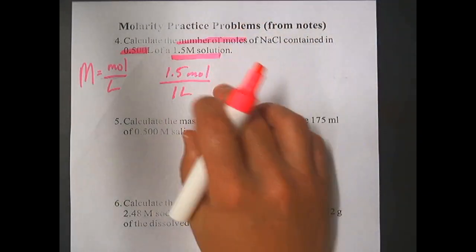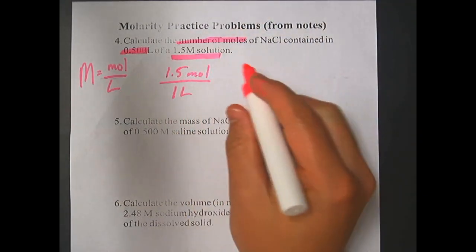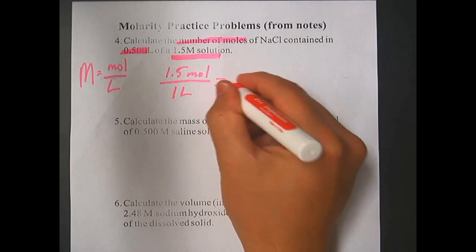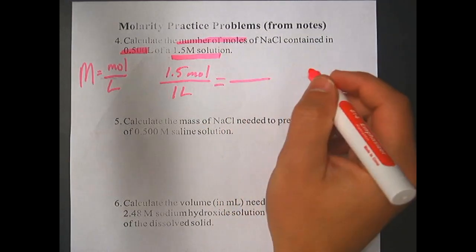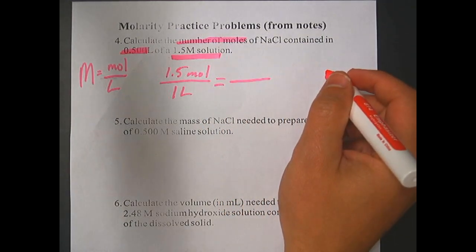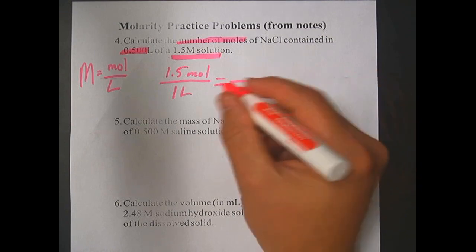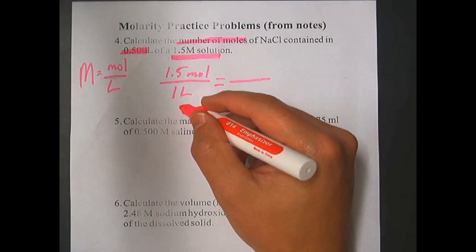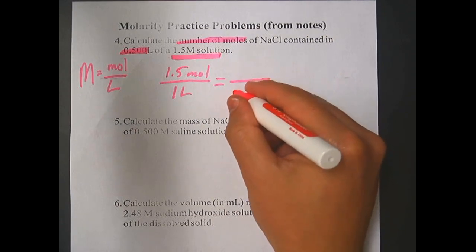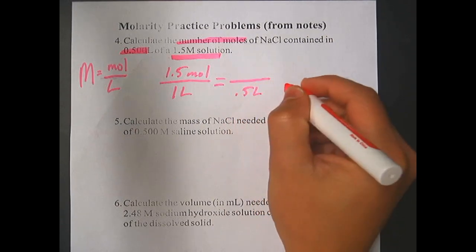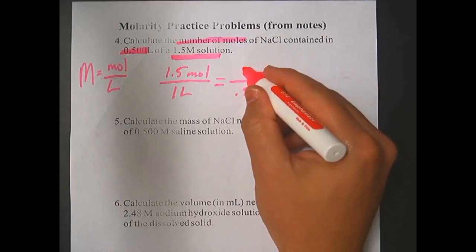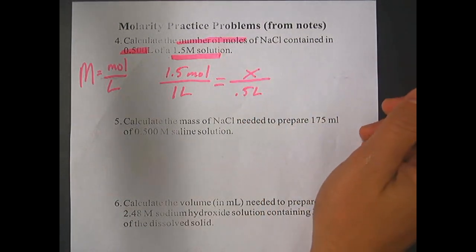Well, we know what the ratio should be, so all we have to do is set it equal to a second ratio, a second fraction, where our volume has changed. It's not 1 liter, it's now 0.5 liters, and we're solving for how many moles.